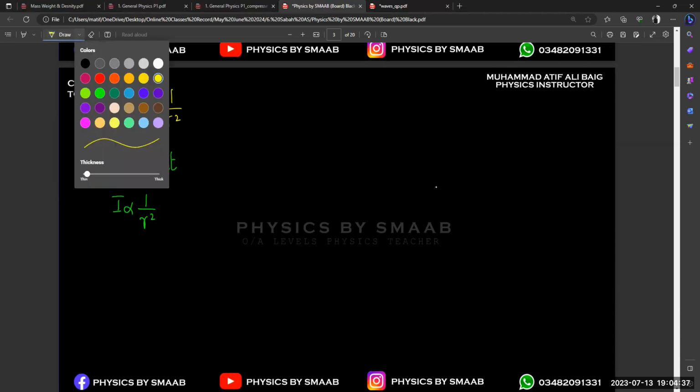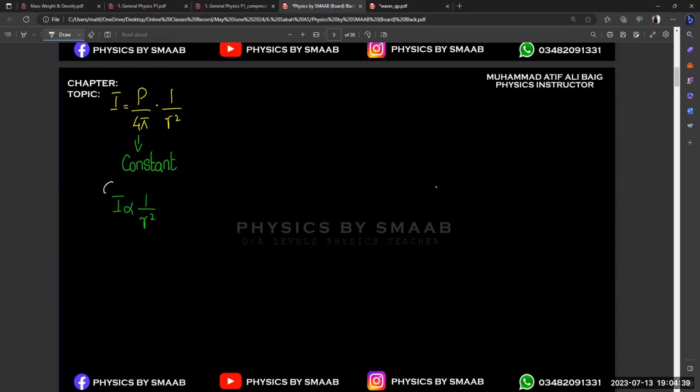Because most of the time they ask about the inverse square law of intensity. Whenever we have terms like 1 over r square, 1 over anything square, that gives you the concept of inverse square law, because we have an inverse relation and a square on it. That's why it is known as the inverse square law.